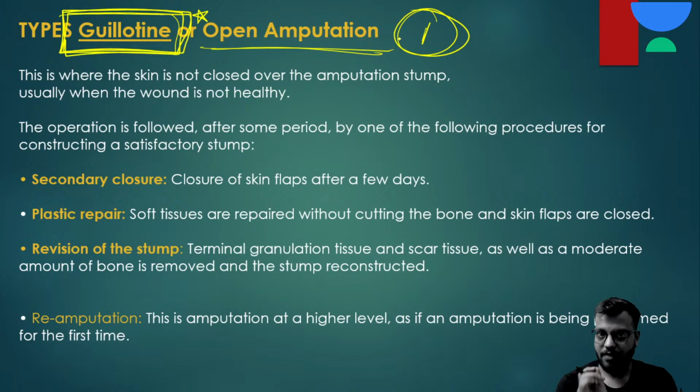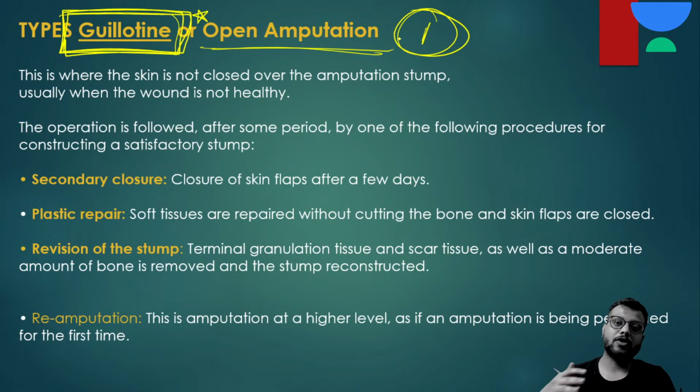It is called primary closure if the closure is done at the time of surgery. So primary closure is not done, the amputated limb is left open as such. This is called open amputation.